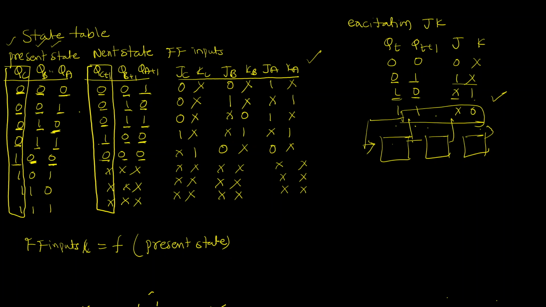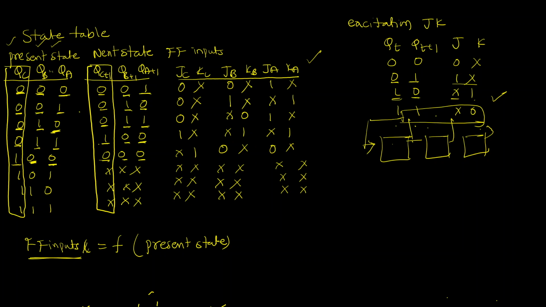So from this, what exactly do I need? I need to find the flip-flop inputs. These are nothing but JA, KA, JB, KB, JC, KC. Totally 6 inputs I need to derive from the present state.